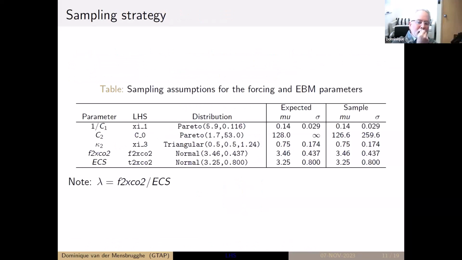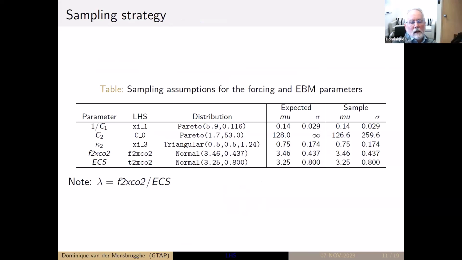So here are the sampling assumptions. For the different parameters, I'm not going to go into too much detail, but you can see that it's a mixture. 2 of the parameters are Pareto, one parameter is triangular distribution, and then 2 others are normal distributions.